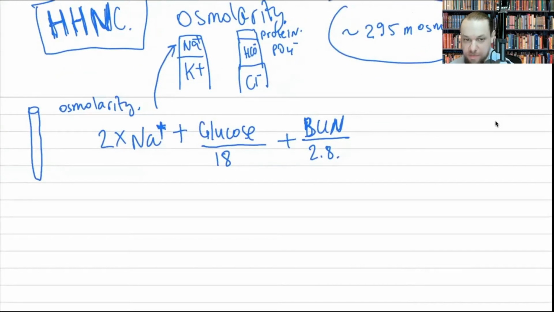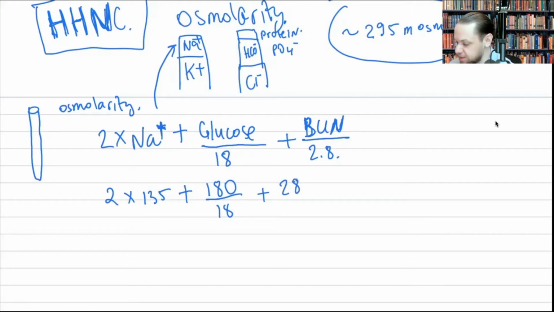So let's say I give you these numbers so you can see how this is calculated. Your sodium level, normal is about 135 in your blood, times 2. Let's suppose your glucose is 180 milligrams per deciliter, divided by 18. And we're going to say your BUN is 28. It's slightly lower if you're not dehydrated, like 20, 22, 23. Divided by 2.8.